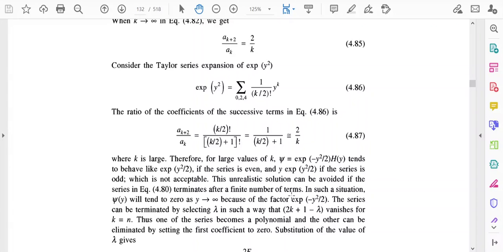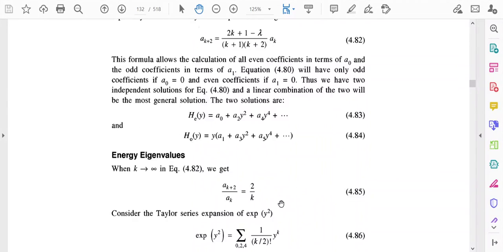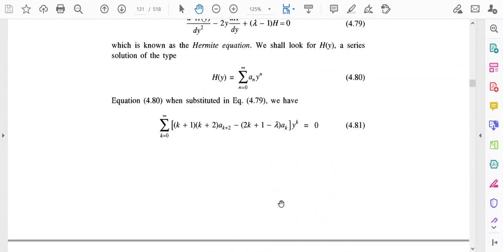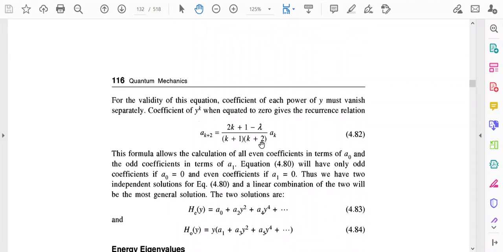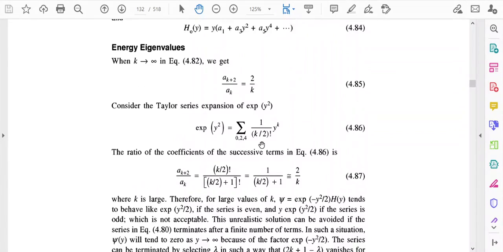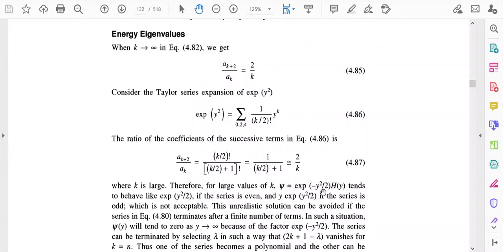So what we have said, you have to understand it clearly. You see that hy can be expressed like a series. So this is the series actually. And what is our assumed solution? Our assumed solution is e to the power minus y square by 2 into hy.